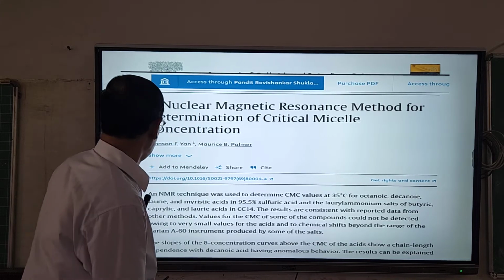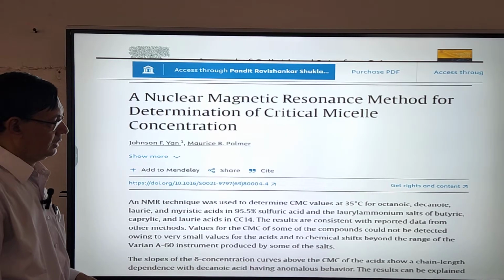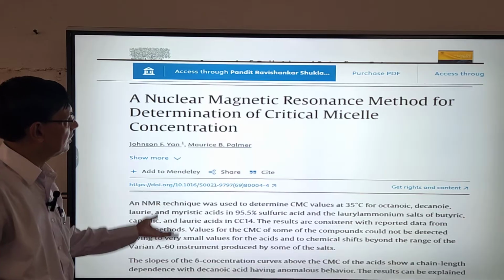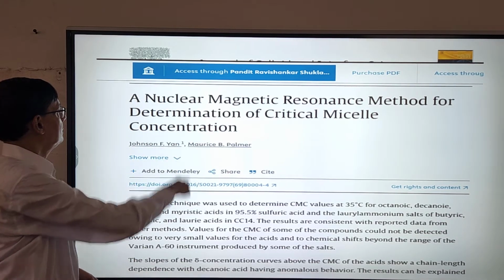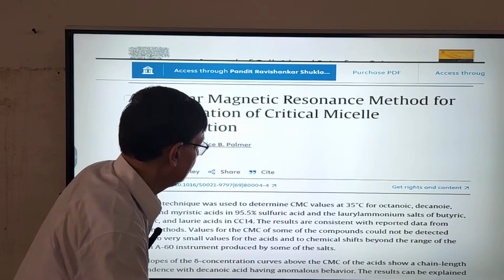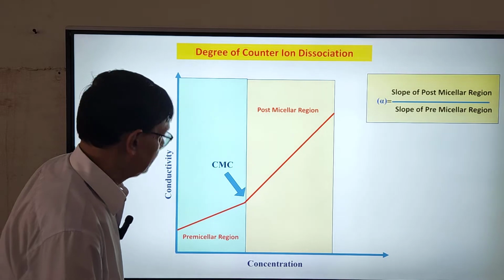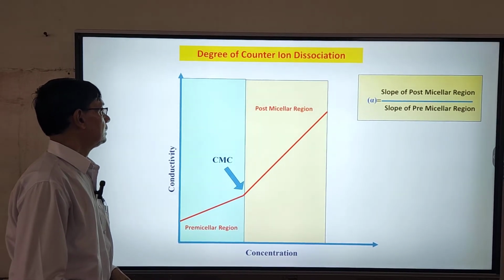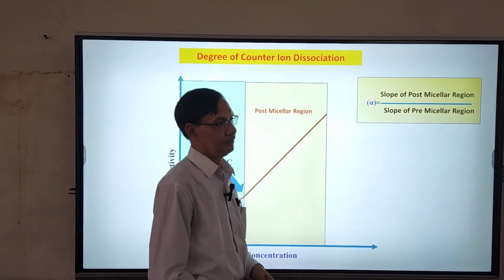Now this is also one of the important research techniques, and you have seen that they are all using different types of cationic or anionic surfactant: nuclear magnetic resonance, NMR methods, and they monitor the CMC. Now I am coming to the next point, that is called the degree of counter ion dissociation.